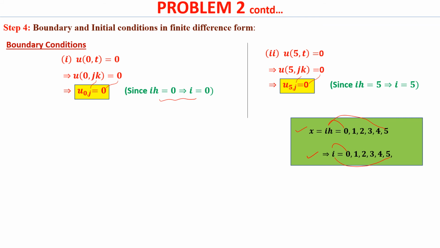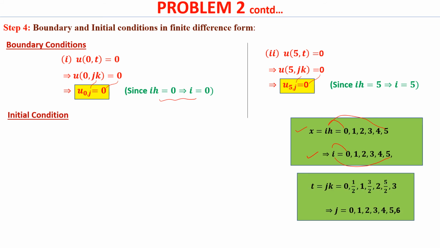Now similarly, let us take up the initial condition and then take up step 3 data, that is t equal to jk, the values of j. Now let's write the initial condition and substitute x as ih everywhere. So wherever you have an x, you replace it by ih. So x square becomes i square h square. Now look at the left hand side.